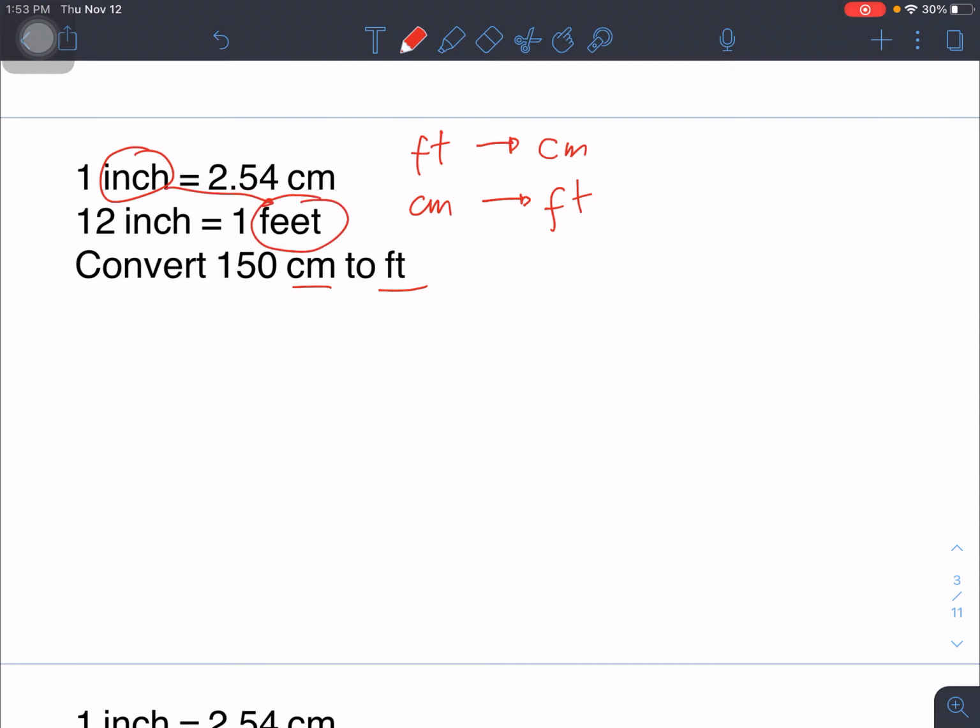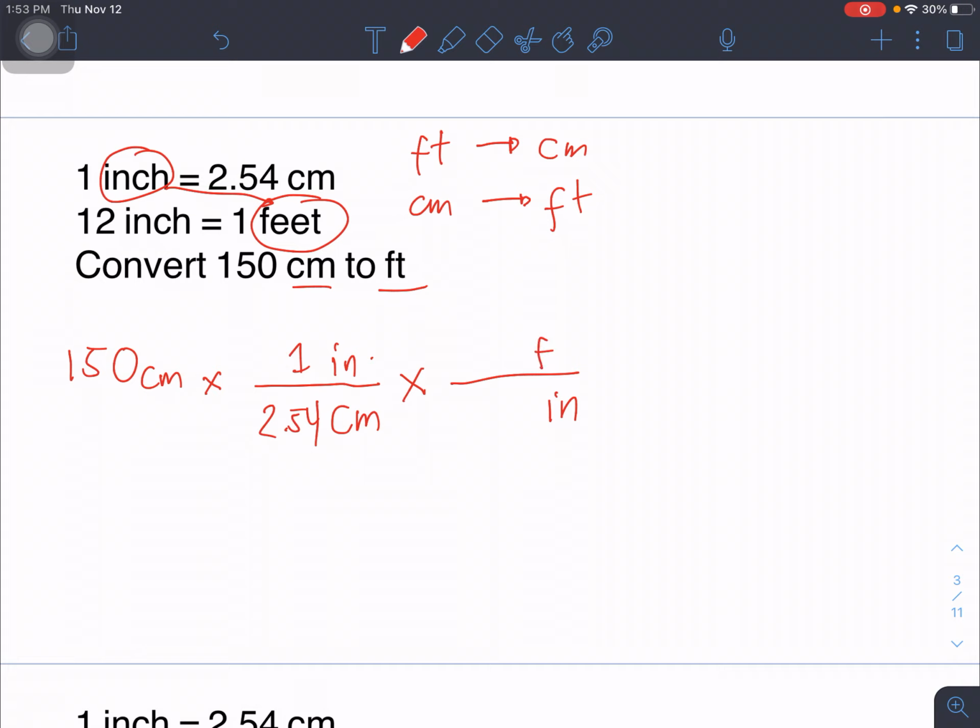Okay, so let's try 150 cm multiplied by, I would like to assign cm at the bottom and inch at the top part. So 1 inch to 2.54 centimeter. So the remaining unit will be inch. Now this inch could be further multiplied by the conversion factor, which has inch at the bottom, so we could cancel inch at the top part of the preceding conversion factor.